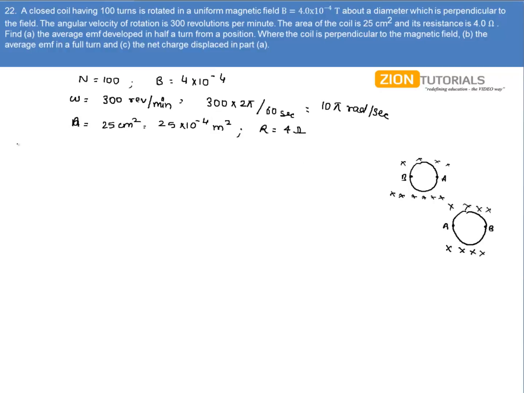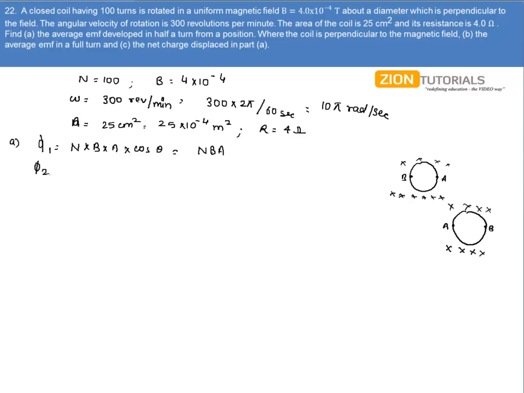So calculating the initial flux, that is given by N into B into area cos of theta. Of course the theta will be 0 over here because the direction of the magnetic field and the area will be the same. So theta is 0, so we can write phi 1 as NBA.